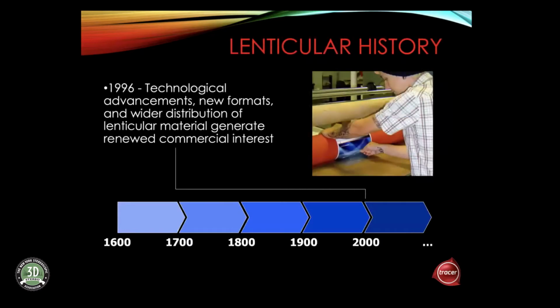Now, coming into the 90s and the 21st century, the technological advancements, the new formats, the printer technology, all of those things combined created and molded the industry to what it is today.